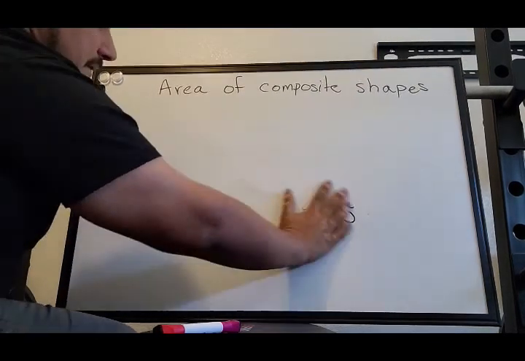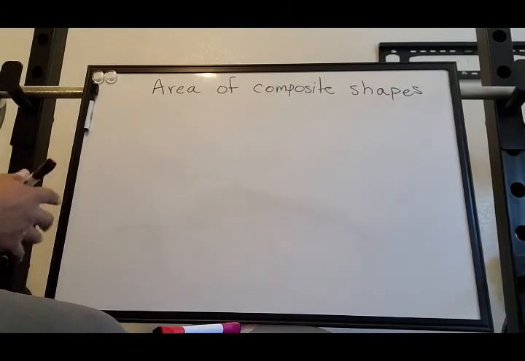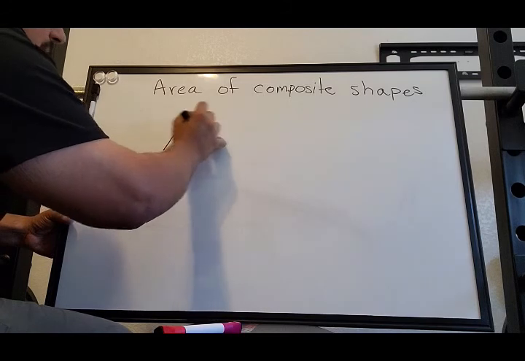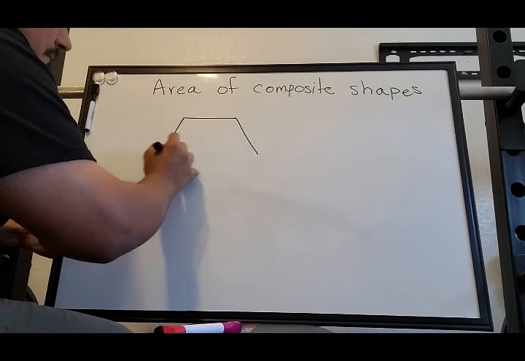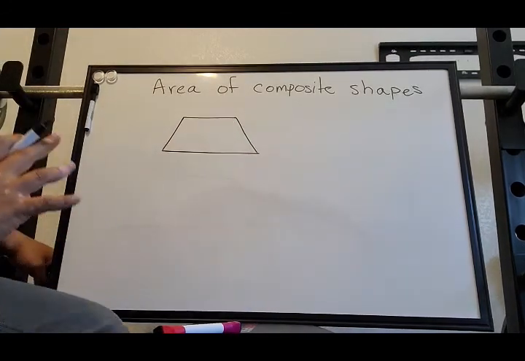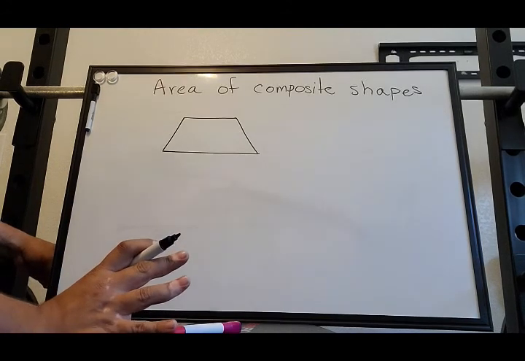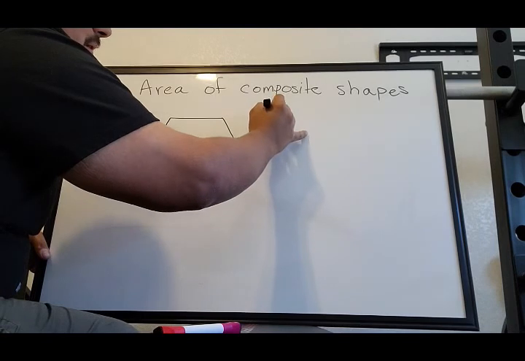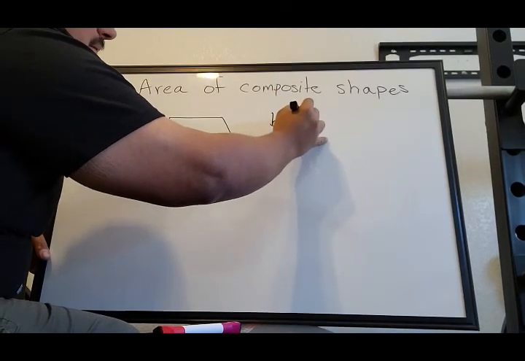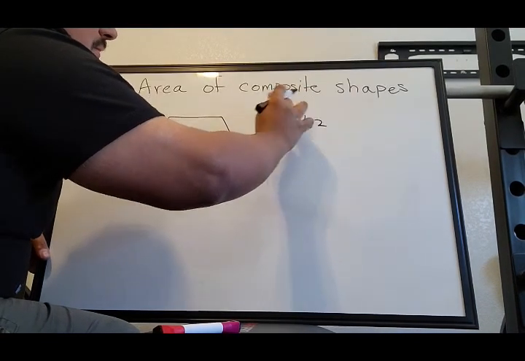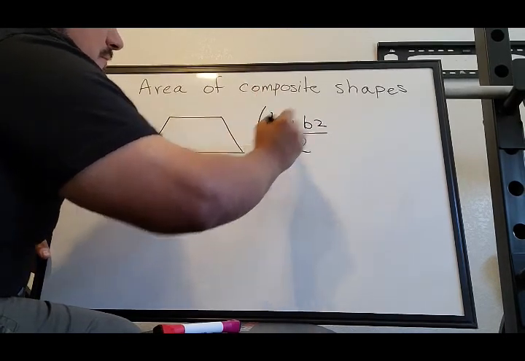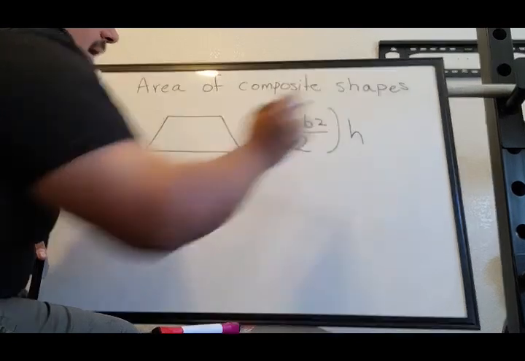Now, the one that's a little bit more complex is our trapezoid. The easiest way to do this is to find the area by using the formula. Our formula is base 1 plus base 2 divided by 2, then multiply it by height.